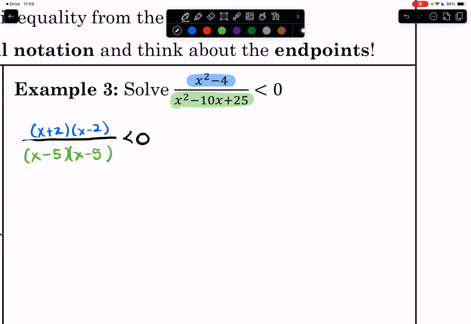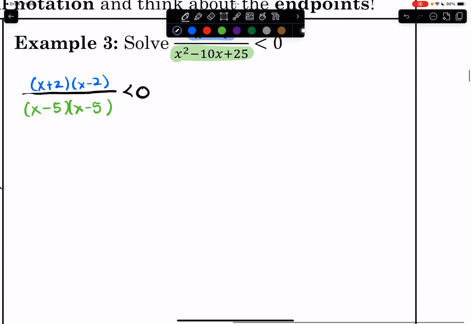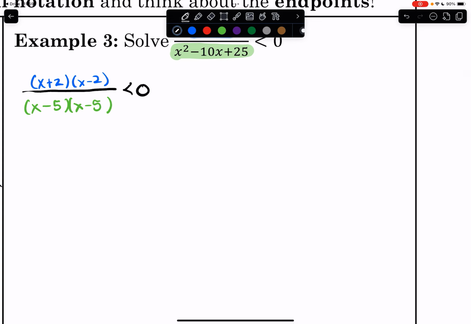Okay. So now let's look at where our zeros are. Our zeros are whatever makes the numerator equal to 0. So that would be a negative 2. And it will be whatever makes this equal to 0. Well, that's going to be a positive 2.